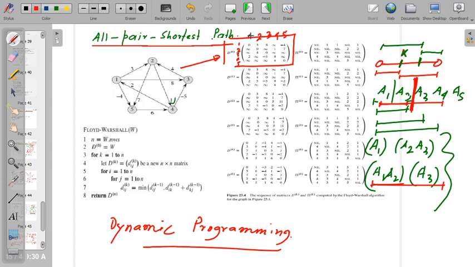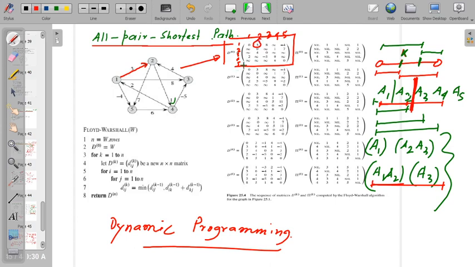So 1 1, you see 1 1, 2 2, that means we are not moving from this node, so it's zero cost. And you see 1 2 has a direct path, and its weight is 3. So I have documented here as 3.